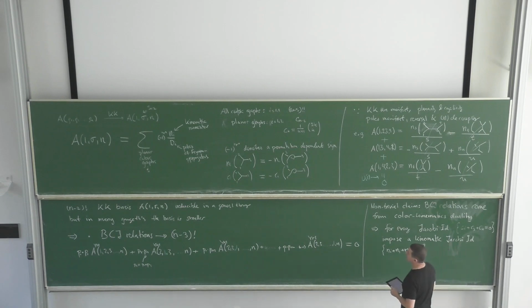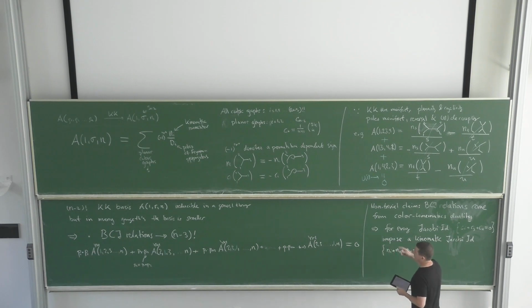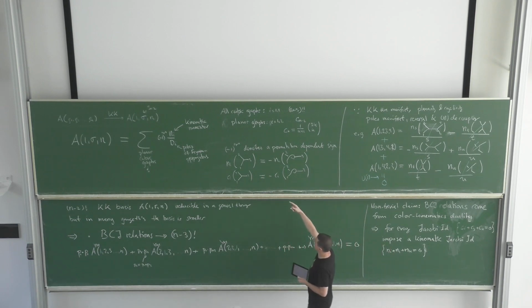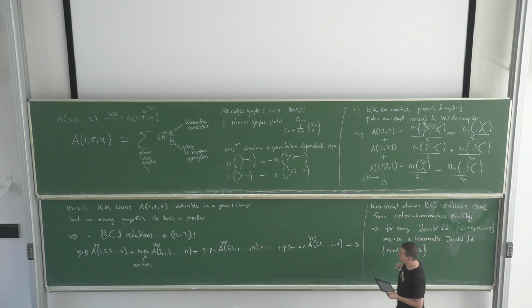I was mimicking how the color factors and the numerators behave under permutations. That's not a very severe constraint, because it just follows from Bose symmetry: the product has to be even under flip. So if there's a minus sign in the color factor, you have a minus sign in the numerator. But the more non-trivial part is that the three-term identities the color factors satisfy can also be imposed on the numerators.